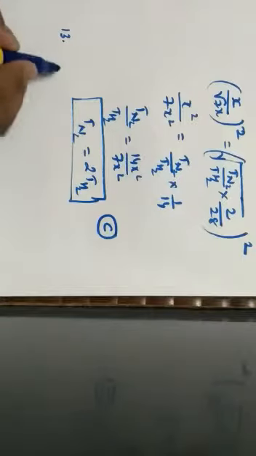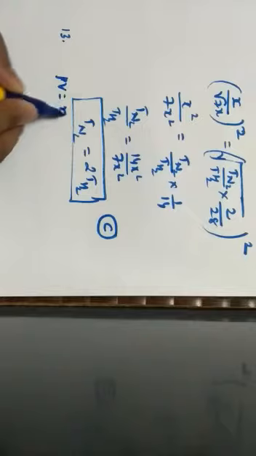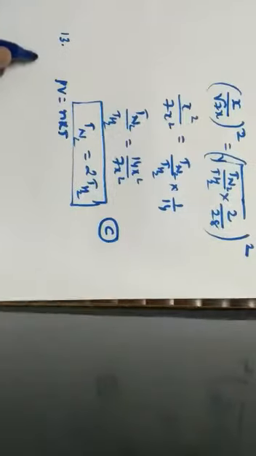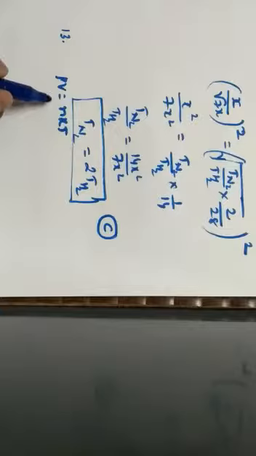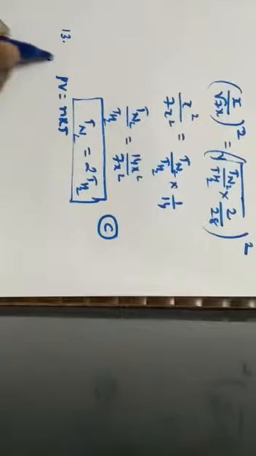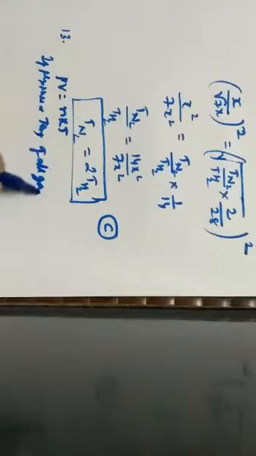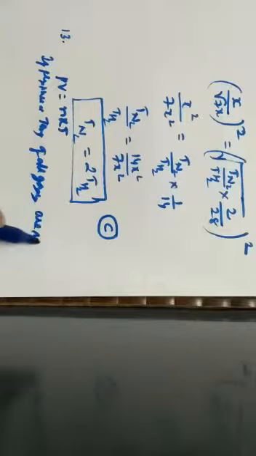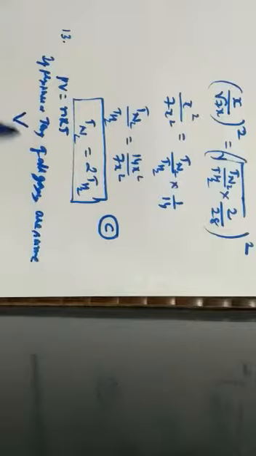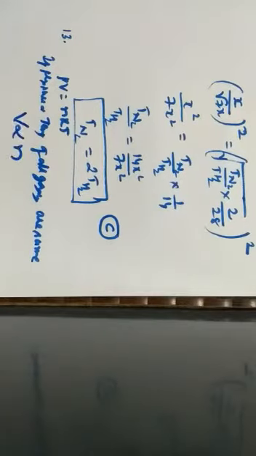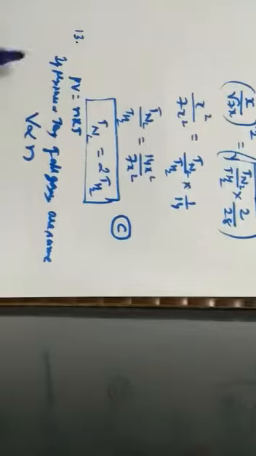So one should know the ideal gas equation, PV is equal to nRT. They have mentioned that the pressure and the temperature of all the gases are the same. So if pressure and temperature of all gases are the same, then volume is directly proportional to the number of moles.